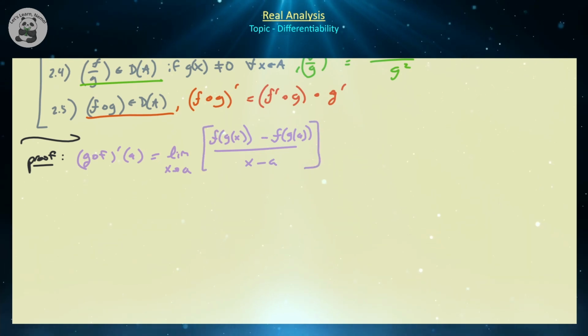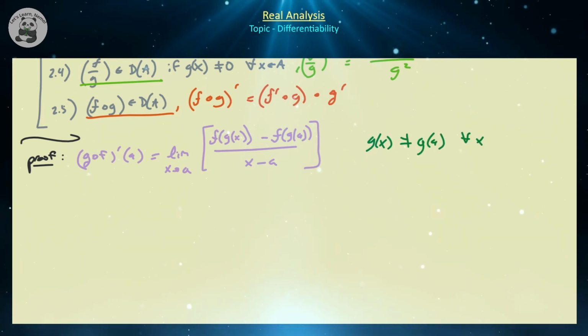So that's just the derivative of a function. Now what I'm going to do is multiply top and bottom by a special form of 1, and let's assume that g of x does not equal g of a for all x in some neighborhood of size delta around a.